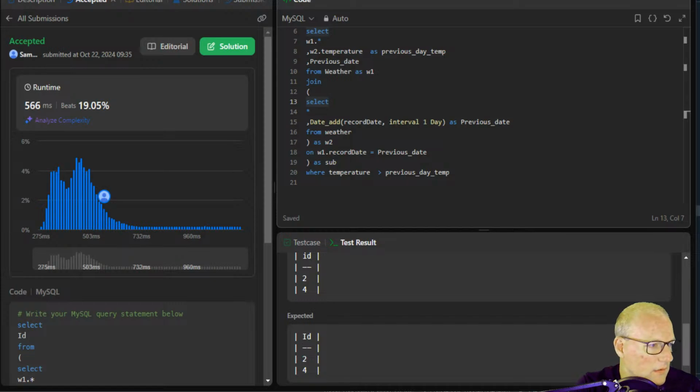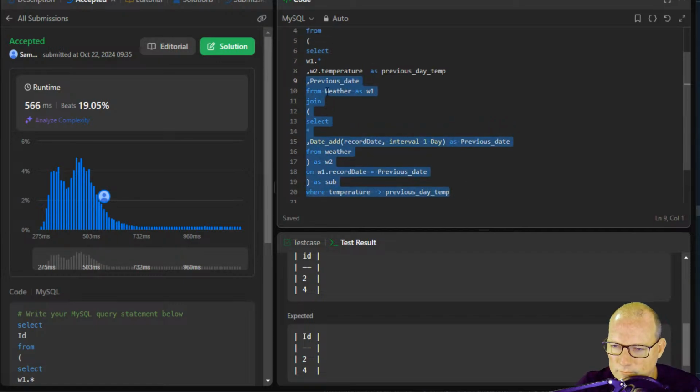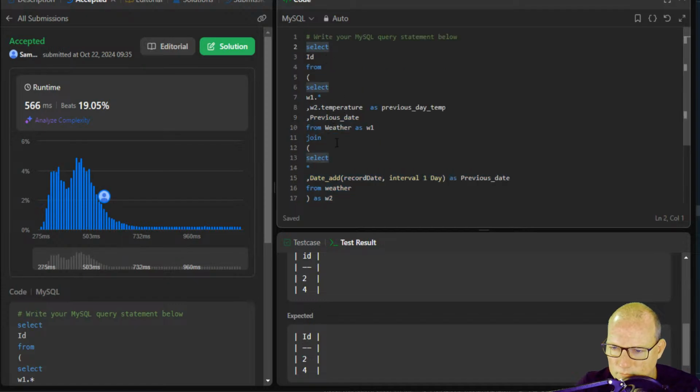Date calculations. Is it DATEDIFF? Okay, let's start this over.